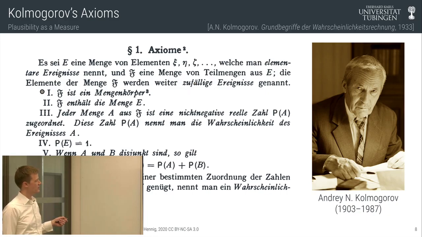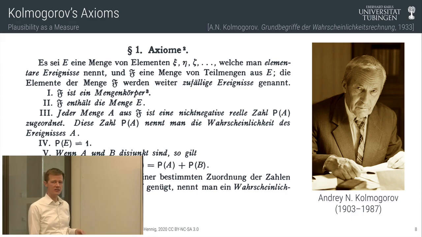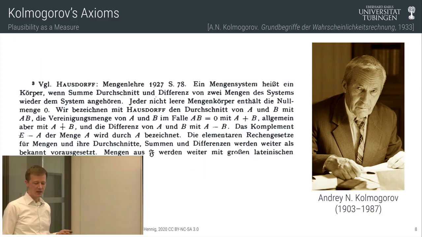The first one is that it's what Kolmogorov calls a Mengenkörper, a field of sets. And if you don't know what that is, he handily provides the definition in a footnote by referring to Hausdorff, who says a system of sets is called a field if the sum, the intersection and the difference of two sets in the system are part of the system.